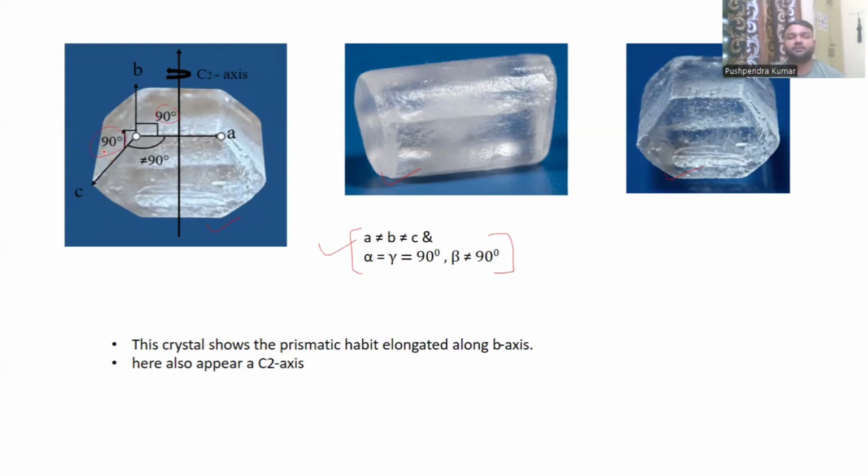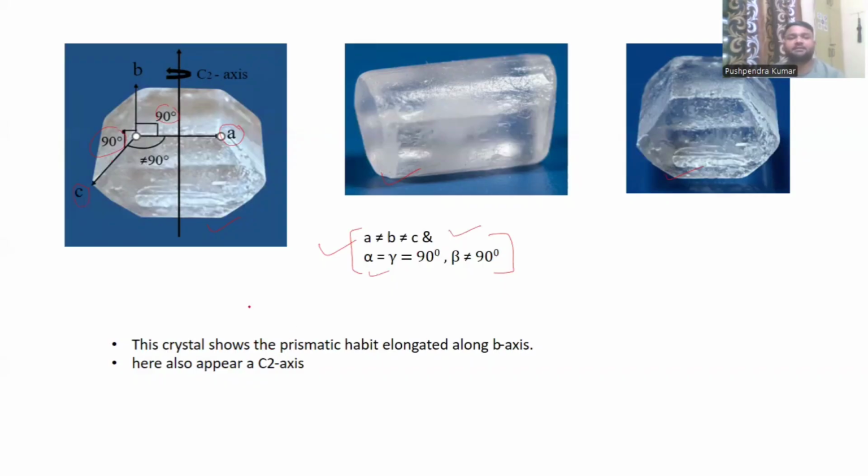From the diagram we can see that the angle between A and C, which is the beta angle, is not equal to 90 degrees. It is larger than the angles between A and B and between B and C. So A not equal to B not equal to C, and the angles alpha and gamma are 90 degrees, but beta is not equal to 90 degrees.